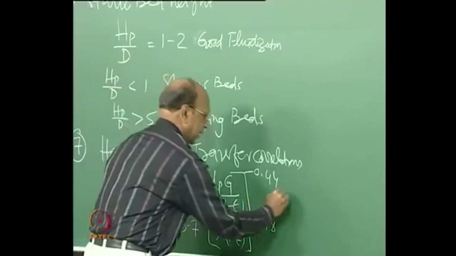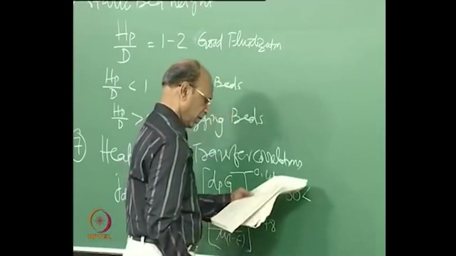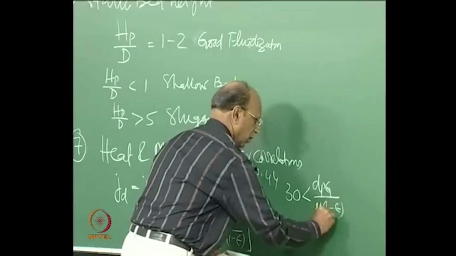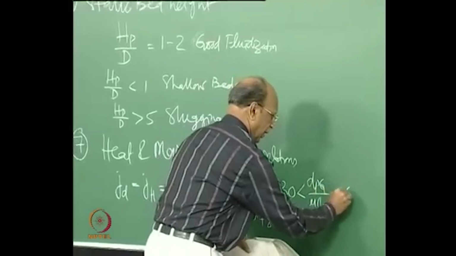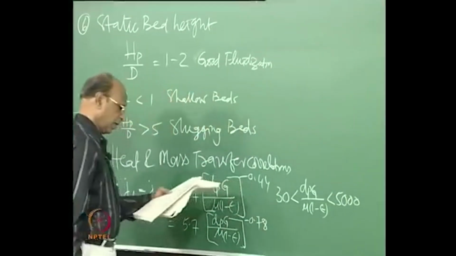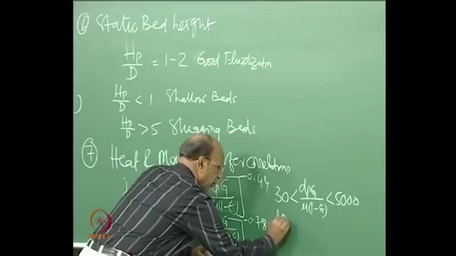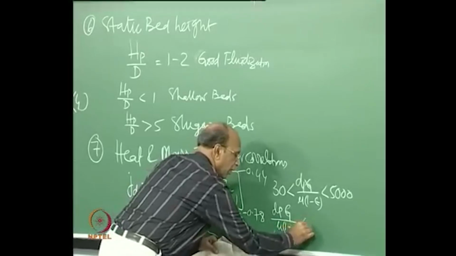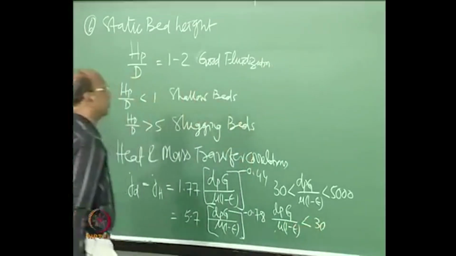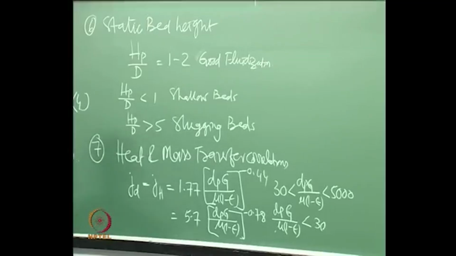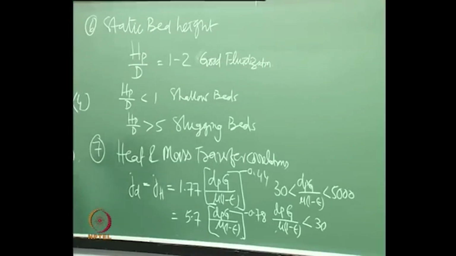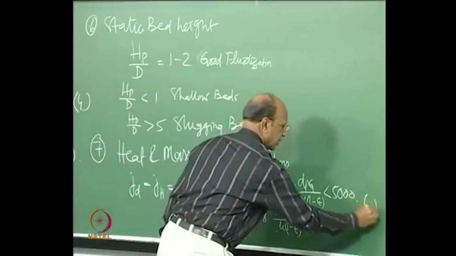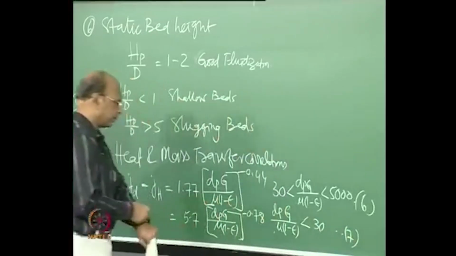And the condition is this is less than 5000, and this d p g by mu into 1 minus epsilon is less than 30. So, equation number 4. I think here we do not have to give this equation number. This is 6, this is 7.